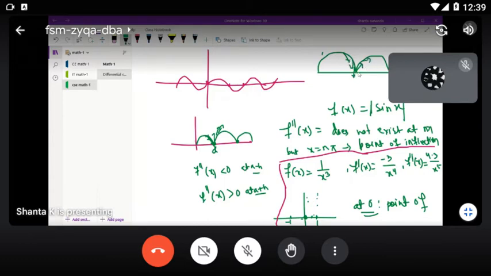From negative to positive. Ma'am, it is point of minimum. Yes, ma'am, it is minima. That is also point of minimum. That is also true.